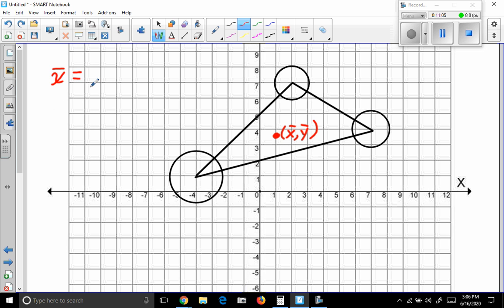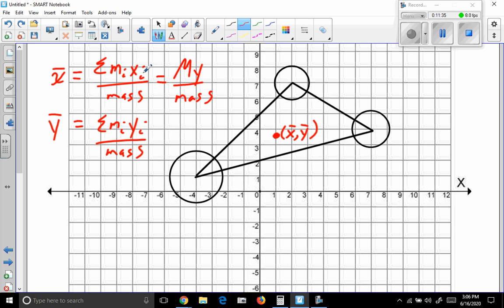So X bar, we do the same way we did before. We sum the masses times the x i values over the total mass. In the y direction, we sum the moment in the y direction, the mass times the y value over the total mass. Now, sometimes you'll see this referred to as the moment about the y-axis.